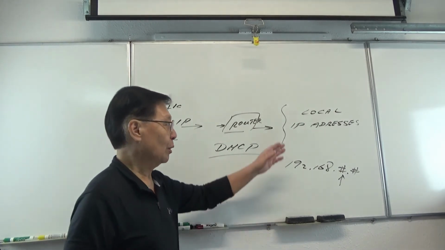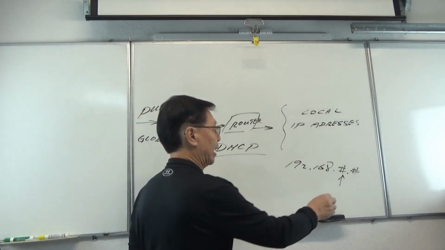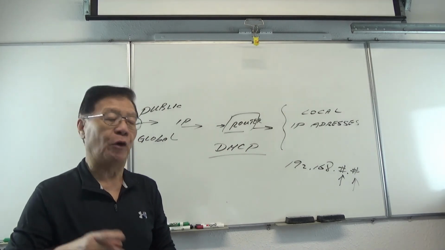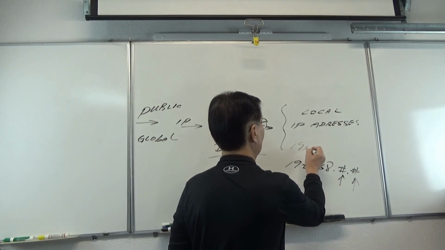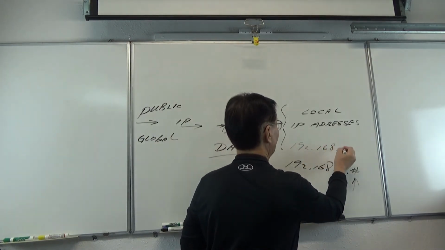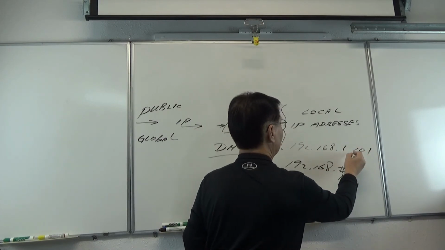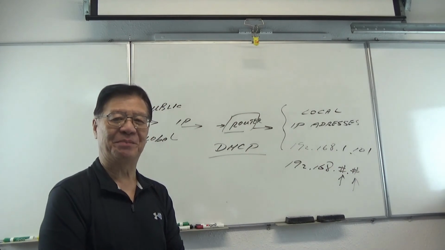So DHCP assigns the address like that, and the last number is for the individual devices. For instance, maybe your desktop computer is 192.168.1, that's the router number, .101. Sorry, not 101, it's 101 in the binary system.